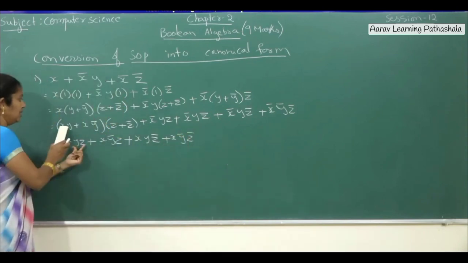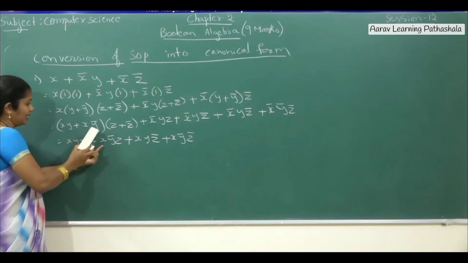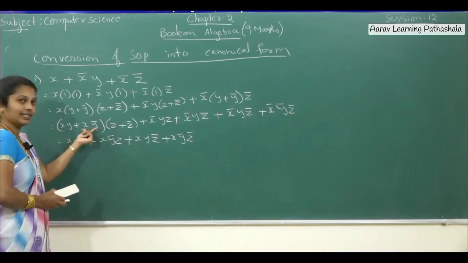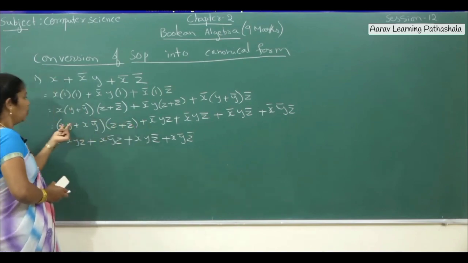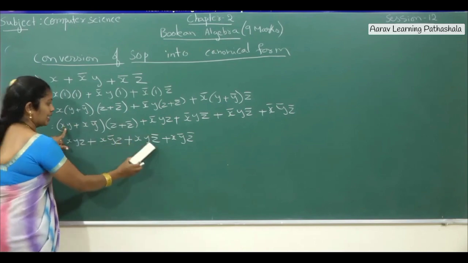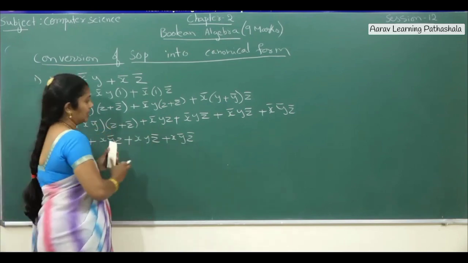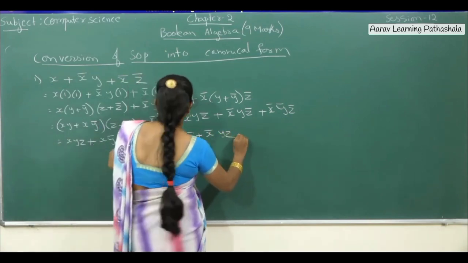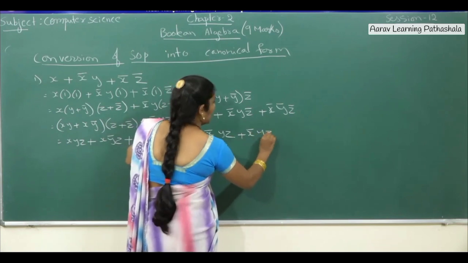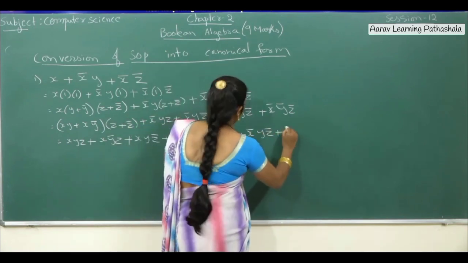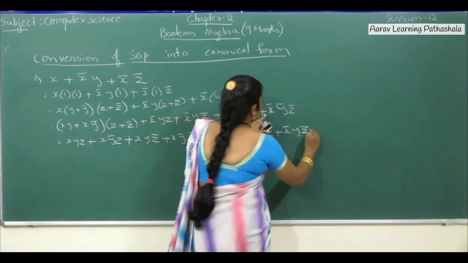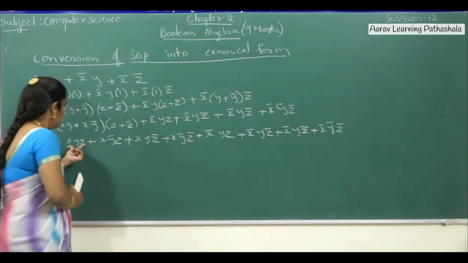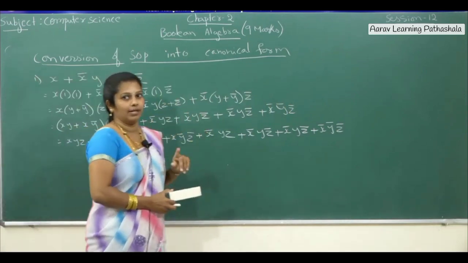Remaining terms write down as they are: x bar y z plus x bar y z bar plus x bar y z bar plus x bar y bar z bar. Now, in all the parts we have all three variables.